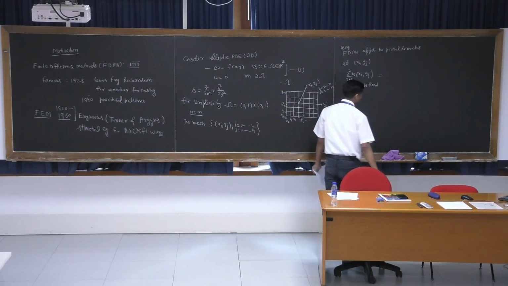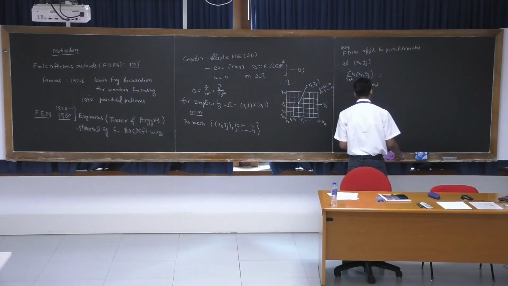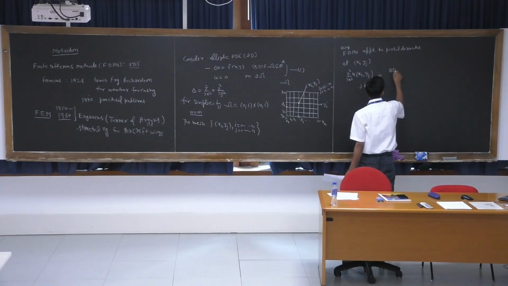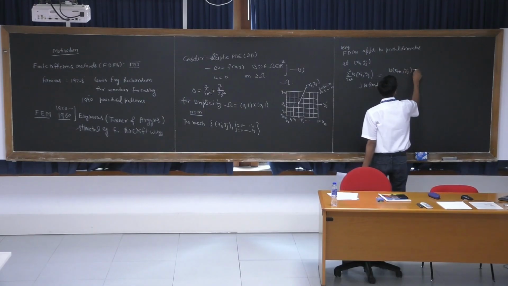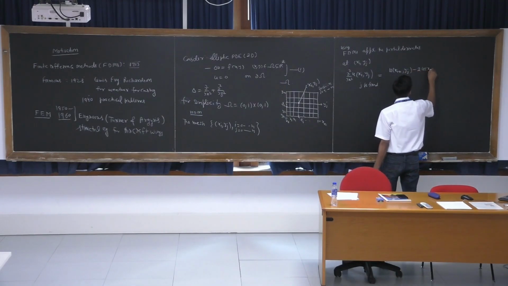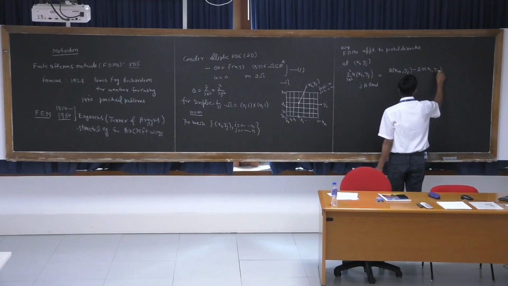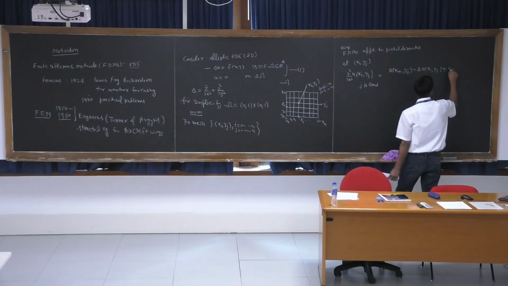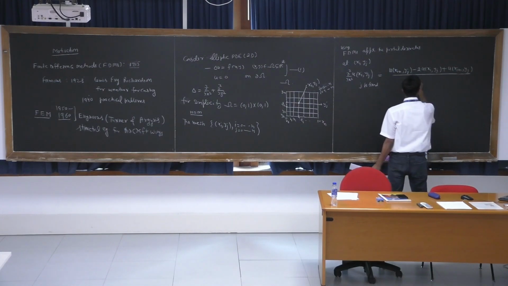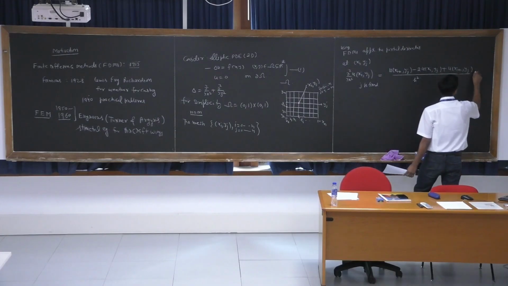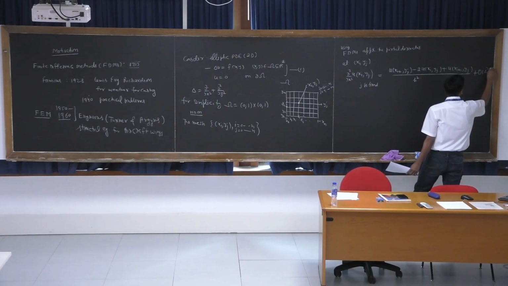This is approximated by u of xi plus 1, yj minus 2 u of xi, yj plus u of xi minus 1, yj, divided by h square, plus order of h square.